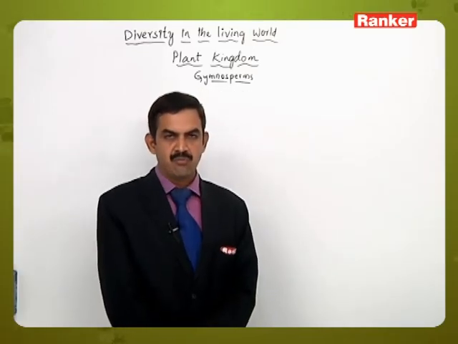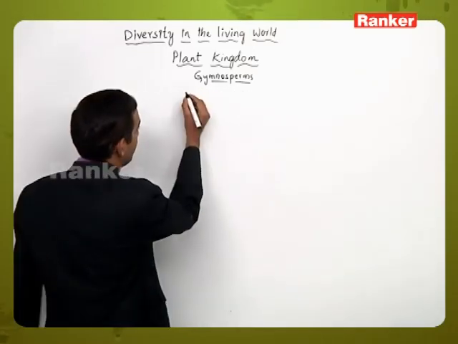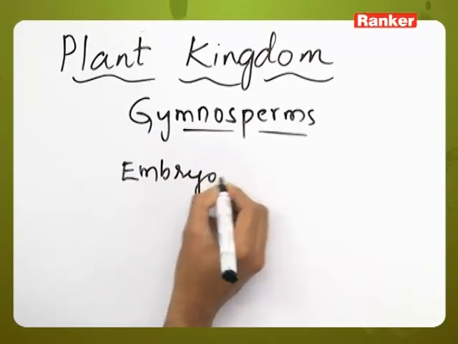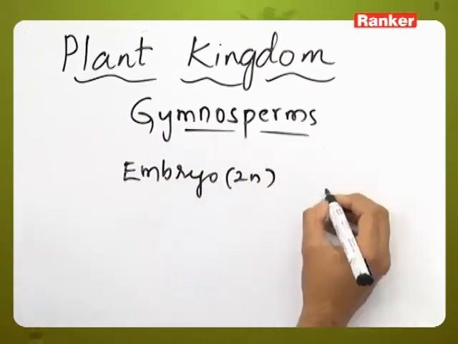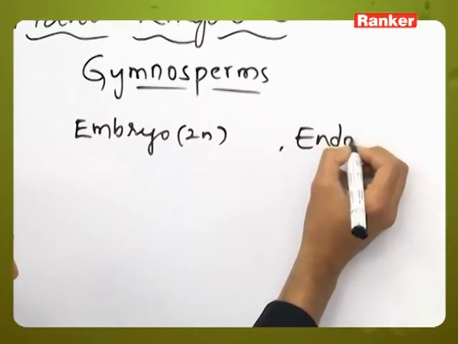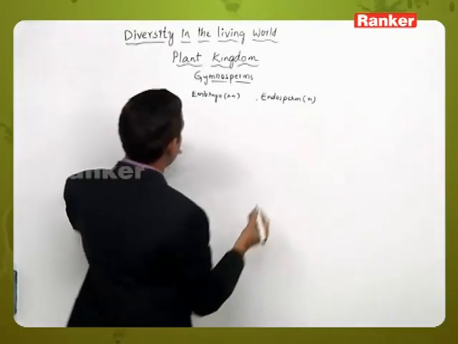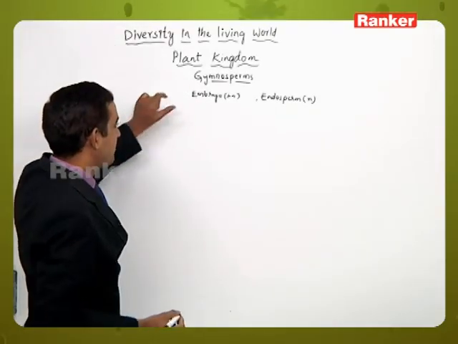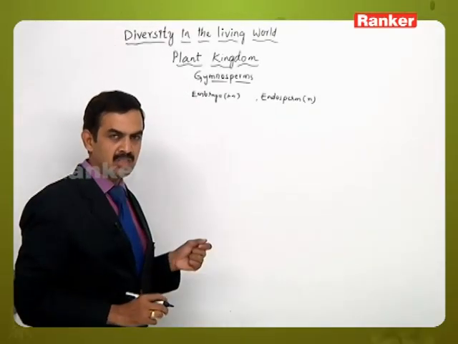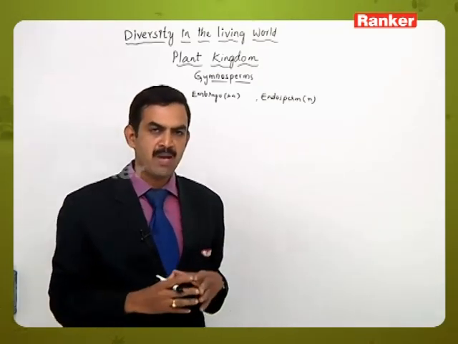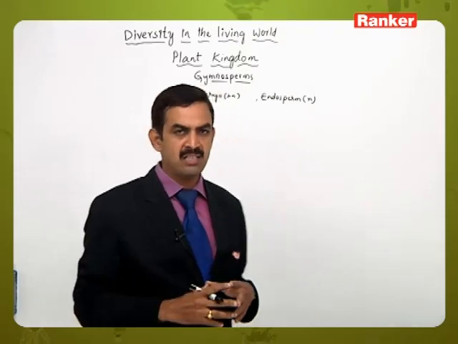So in the members of gymnosperms, the embryo formation and endosperm formation are present. Here the embryo is diploid in nature, which is formed from the zygote, which is also diploid, and the zygote is formed by the fusion of male and female gametes, which are haploid in condition.